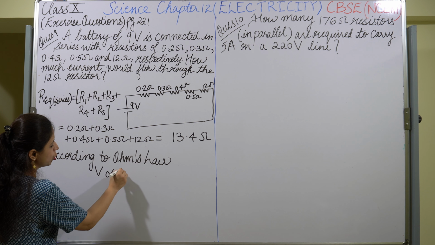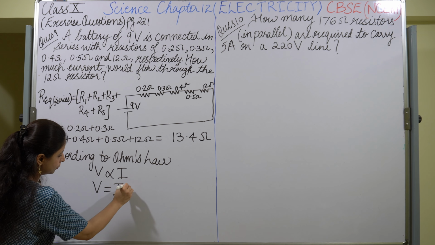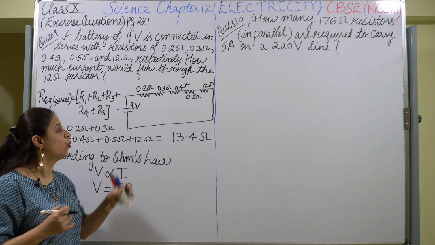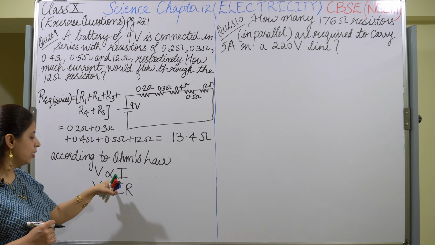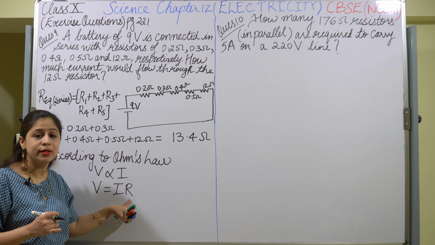Now according to Ohm's law, V is directly proportional to I, or we can say V is equal to IR. According to Ohm's law, the voltage is directly proportional to the current, and if we remove the proportionality sign, we get V equals IR, where R is the resistance.